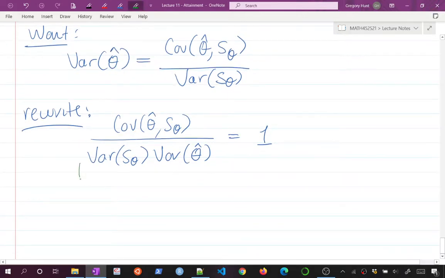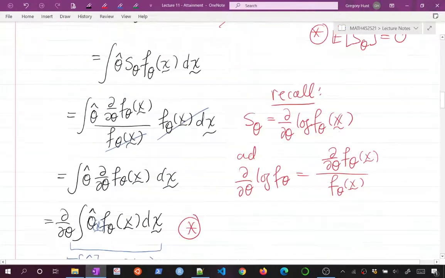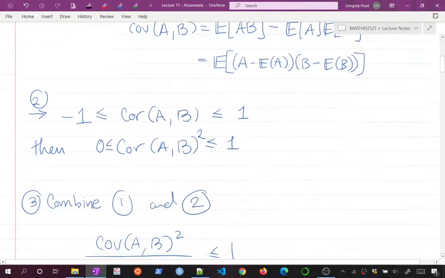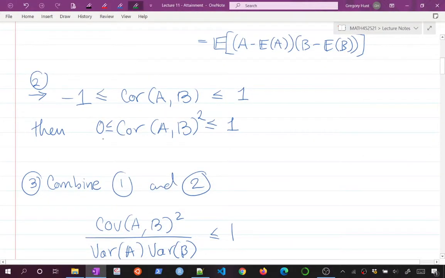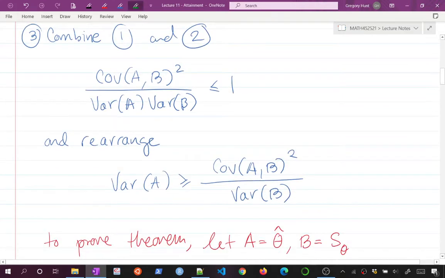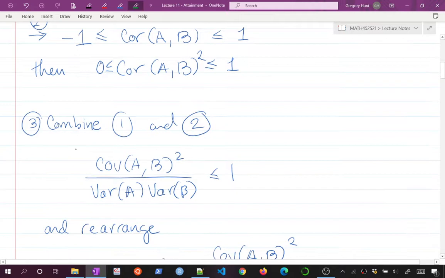And if you go back to the previous theorem, how had we derived that thing? We had looked at this correlation, and ultimately by rearranging that, we had rearranged it into this inequality. And so this was equivalent to saying that this was the squared correlation, always less than or equal to 1.